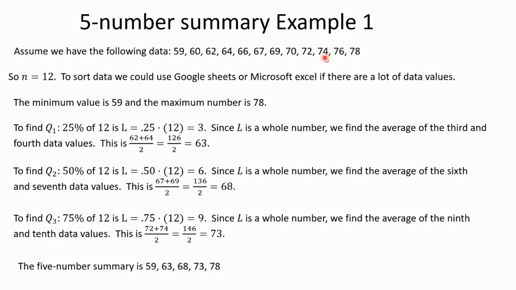We get the average of the 9th and 10th data values, 72 and 74, which is 73. The maximum is 78. This is the 5-number summary: minimum, Q1, Q2, Q3, maximum.